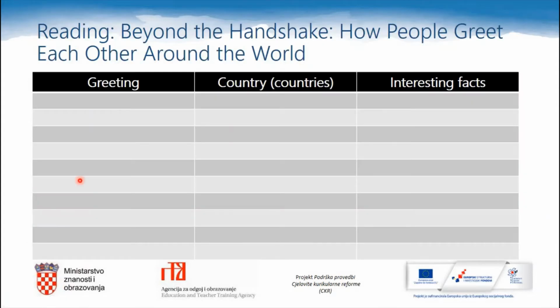Let's continue. Do you know the meaning of the word handshake? That's right. It's when you take someone's hand and then you move it slightly up and down, and it's usually very brief. But did you know that there are so many different customs regarding handshake?